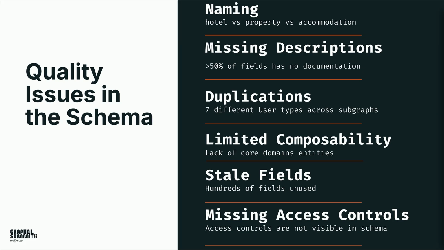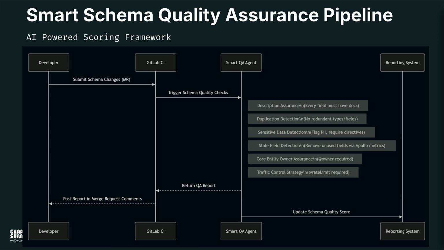And access controls: yes, we want to make sure that our data, PII data and sensitive data, is protected by the mechanisms that we introduced, mostly GraphQL native directives that we introduced in the federation layer. To eliminate these concerns and make the schema ready, we have introduced a quality assurance pipeline internally.